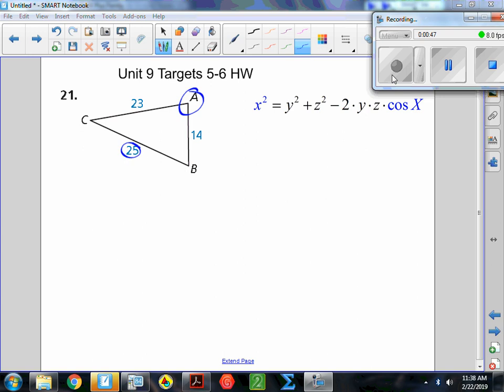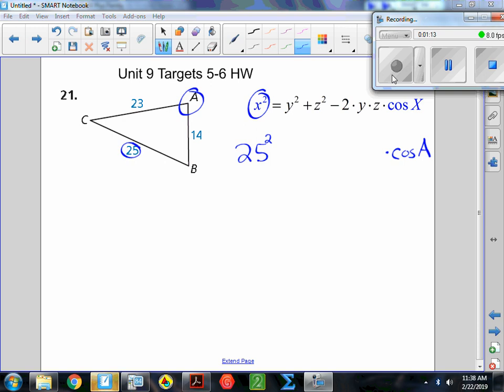The x squared at the beginning is just a side. For example, I'm going to use 25 squared because I had circled that. The reason that it's in blue is that at the end of my equation I have times cosine x, or in this case times cosine A. The law of cosines is based on the fact that you're working with an angle, such as A, and the side across from it.